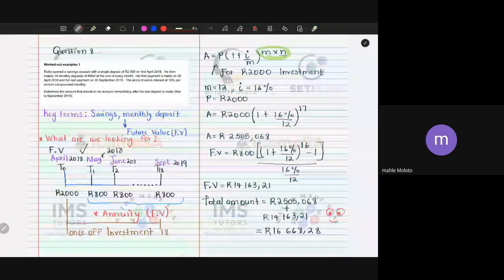So why did we put 16 on the number of n times m? Oh, yeah. So n times m, remember, it represents the period. Remember that the 12 is for our compounding period. So what sits here at the top tells us the total amount of time our money is in the bank.